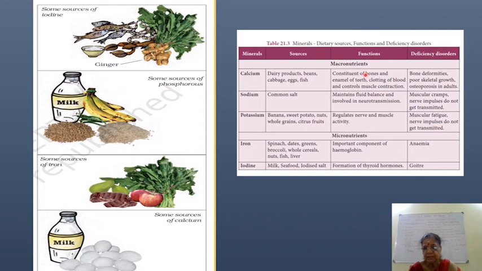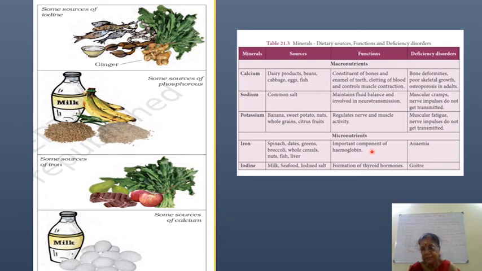சரியா? இது மூணு வந்து macro minerals. Iron and iodine, they are micro minerals. Iron is an important component of hemoglobin. Blood contains hemoglobin, and in that the heme portion is the iron content. சரியா?